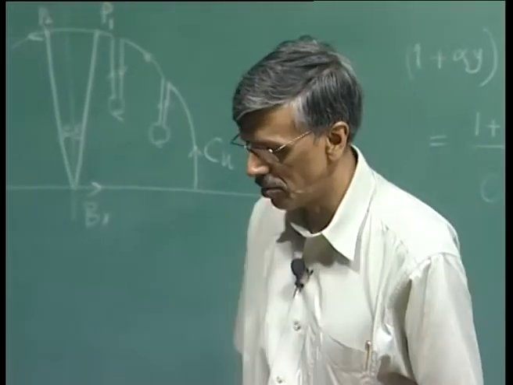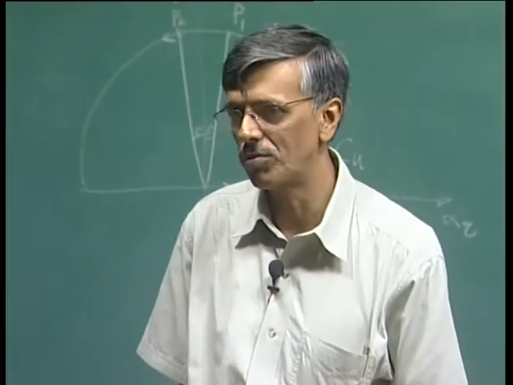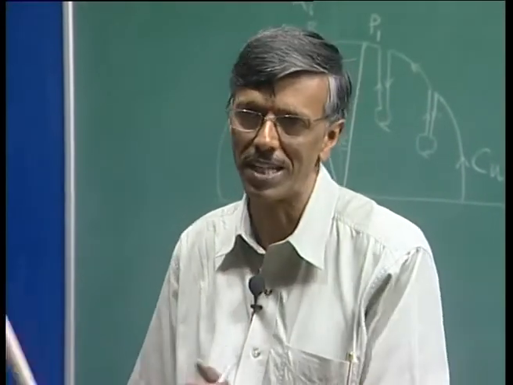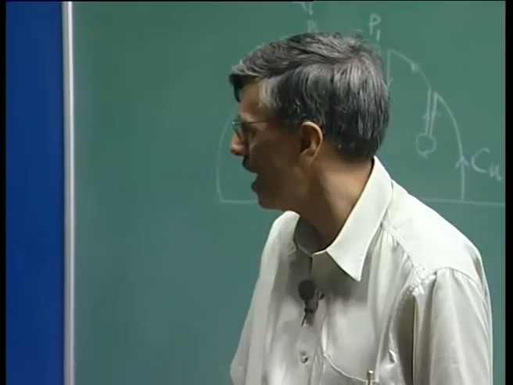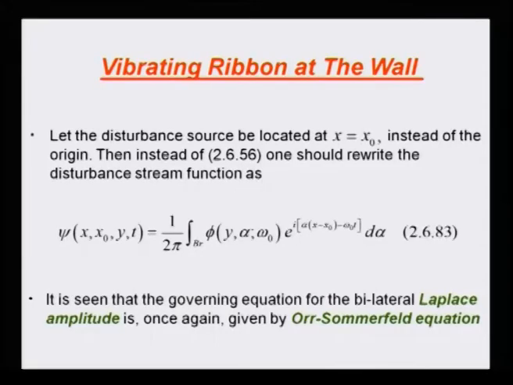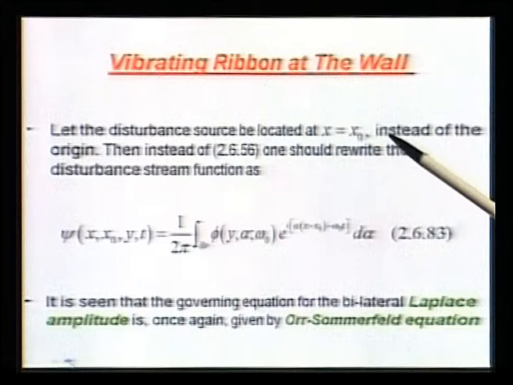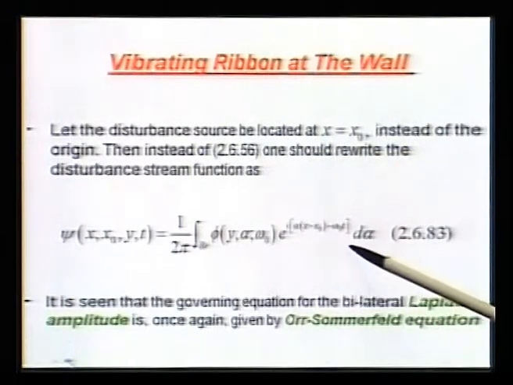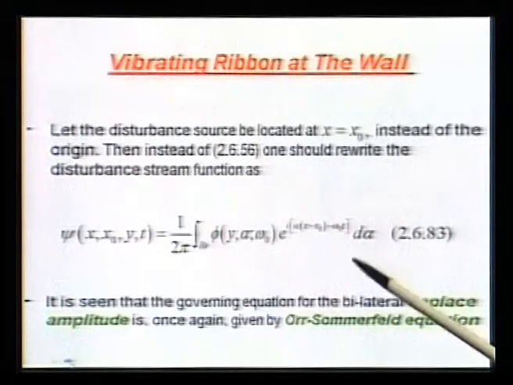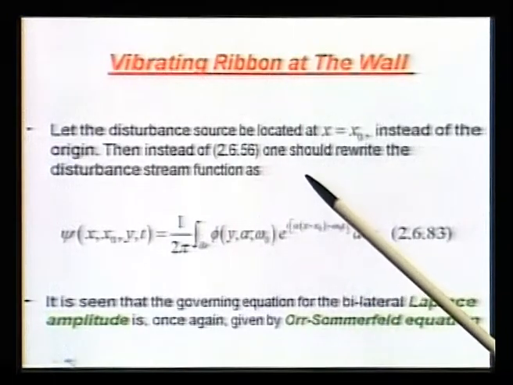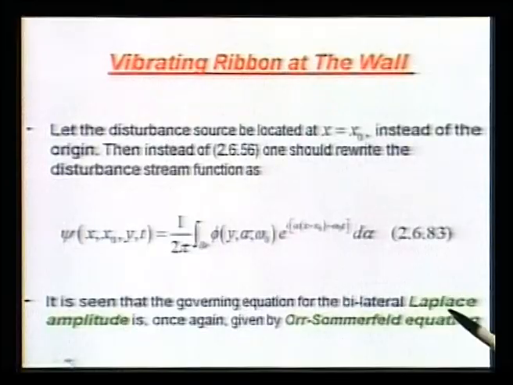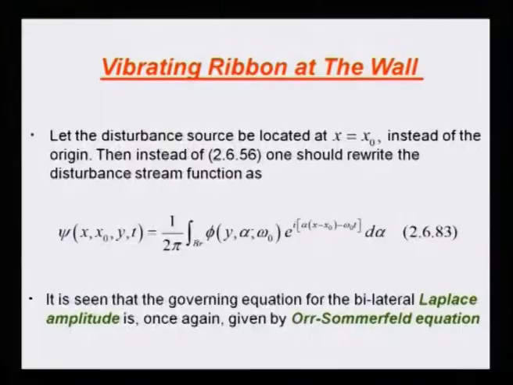Now we realize this. We commented also that if I have the solution for a delta function, I can take a convolution of that solution and represent any arbitrary function. So we can do the same thing here. Suppose the disturbance source is located at x equal to x naught, then this will be the solution, right? And again, I can substitute in the linearized Navier-Stokes equation, or apply a parallel flow approximation, and behold, I get back the Sommerfeld equation for this phi.